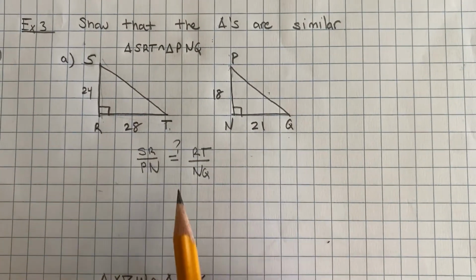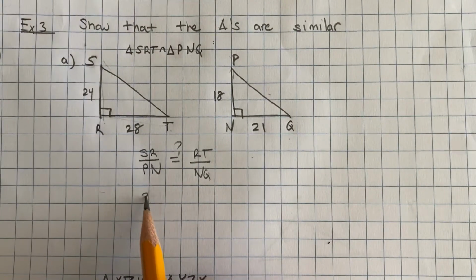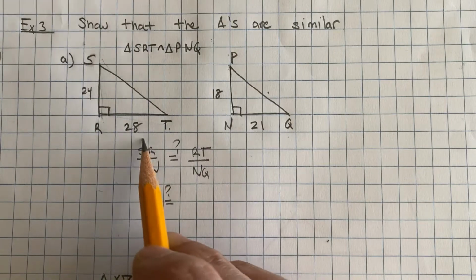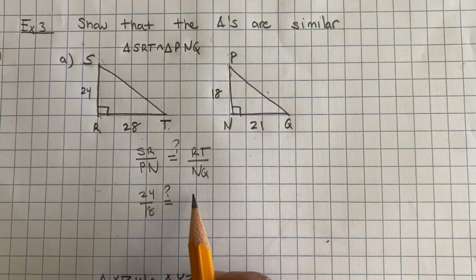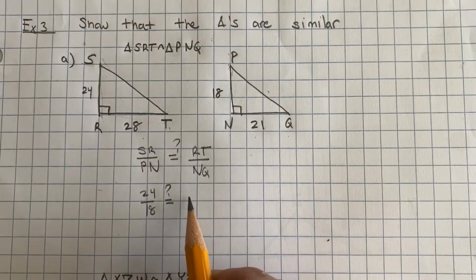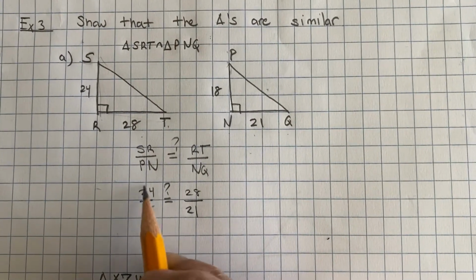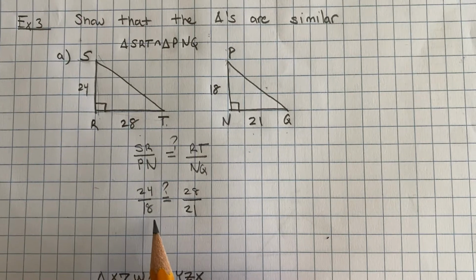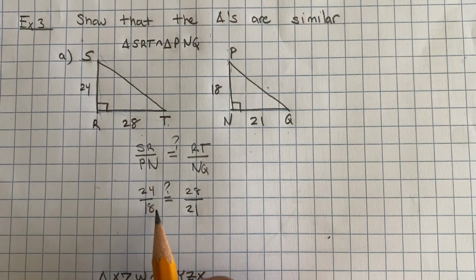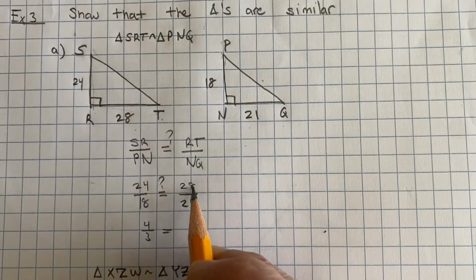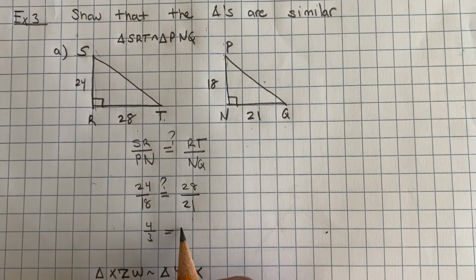Okay, so let's check that first. 24 is to 18, question mark, 28 is to 21. And it looks like if you divide top and bottom by 6 over here, you're going to get 4 over 3. And over here, if I divide top and bottom by 7, you are also going to get 4 over 3.